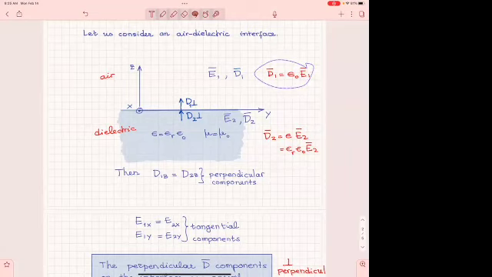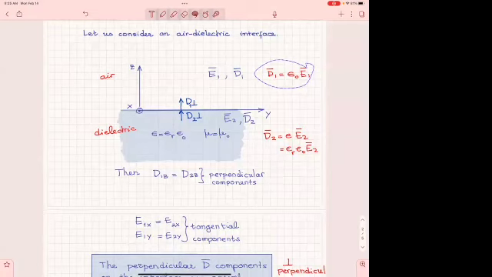Is it continuous? Exactly, so they are discontinuous. The perpendicular electric field is discontinuous because it's the D field that is continuous.